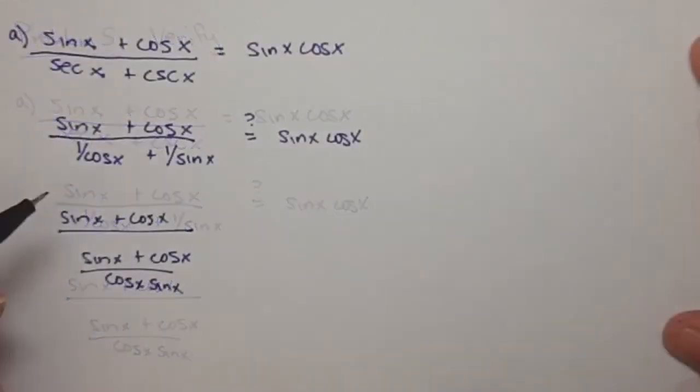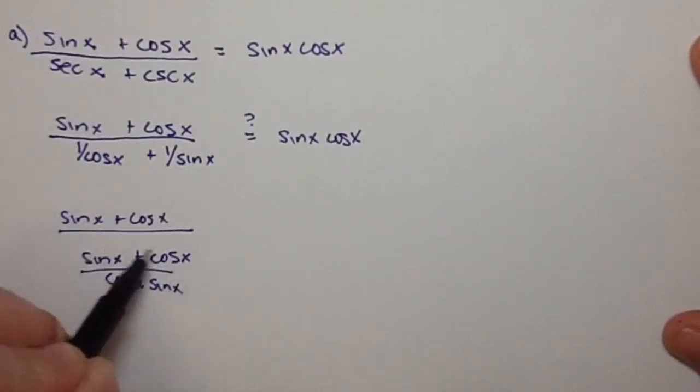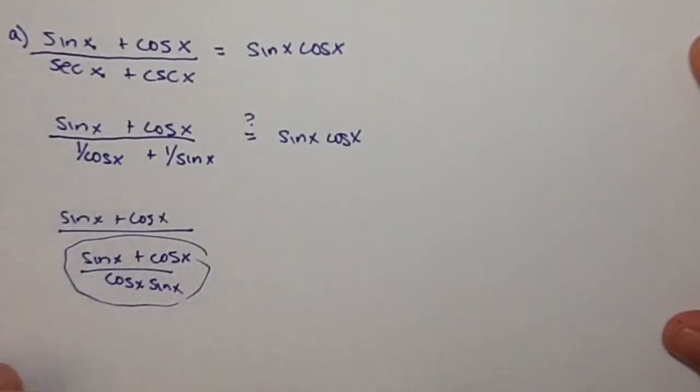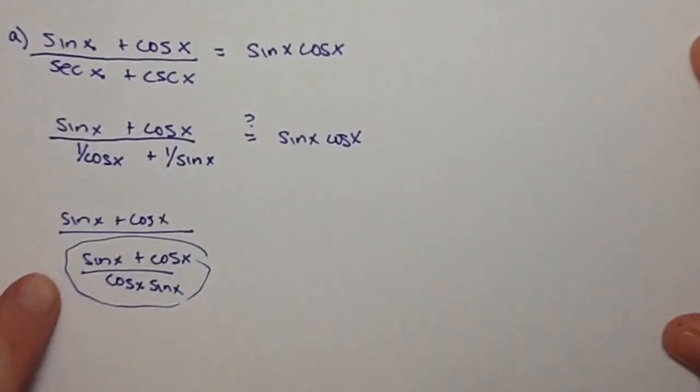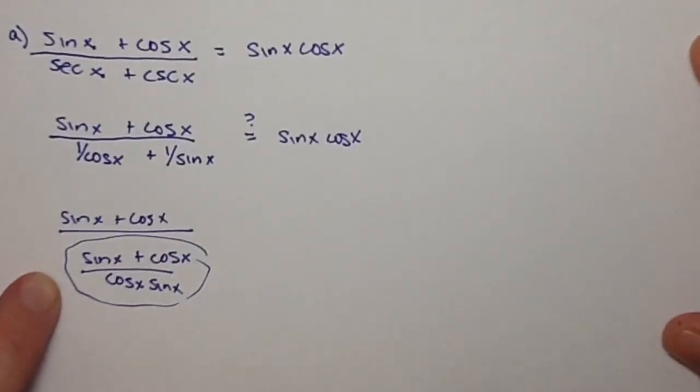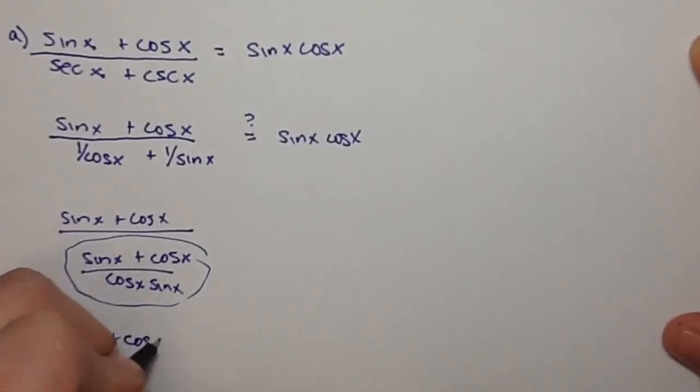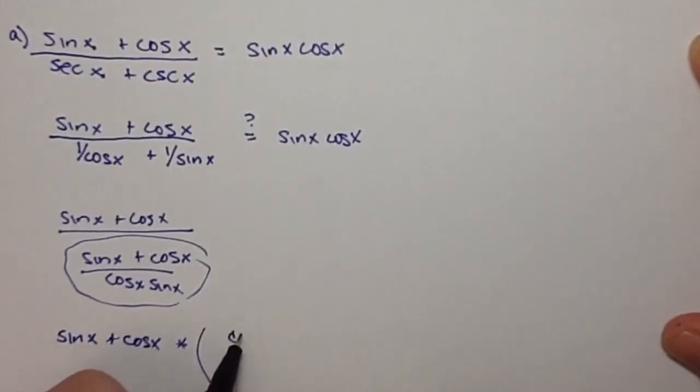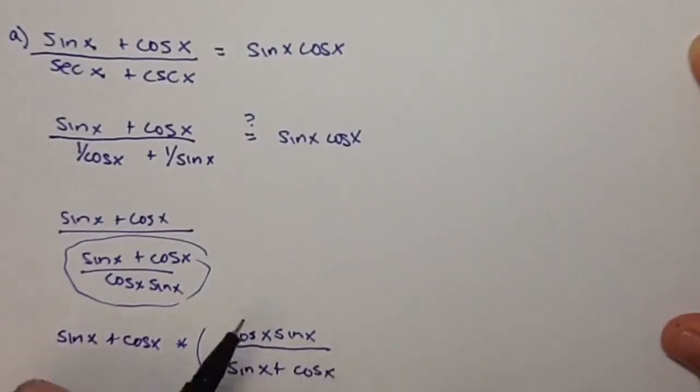So here we multiply by sine x plus cosine x. Oh, interesting. When you're dividing by a fraction, you can always flip the denominator and multiply. So we've got (sine x plus cosine x) times (cosine x sine x) over (sine x plus cosine x).